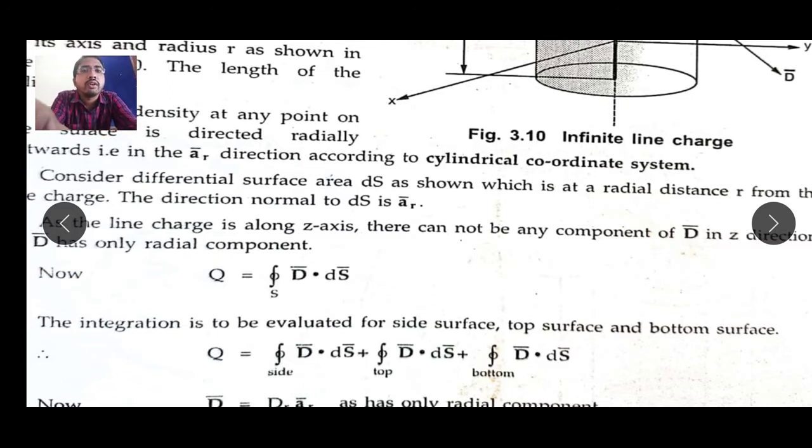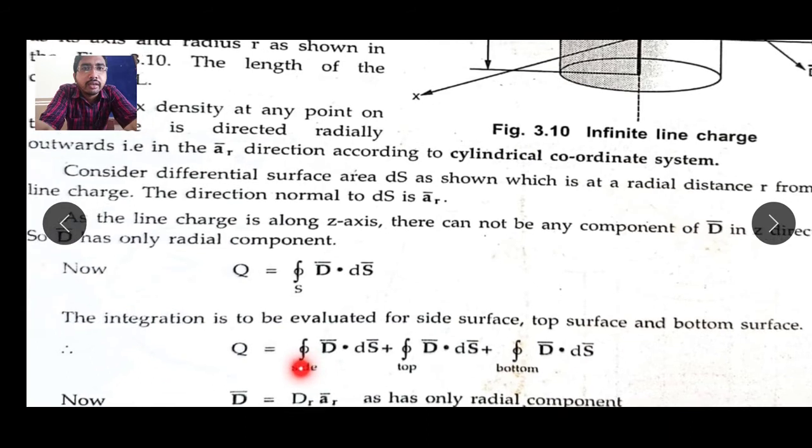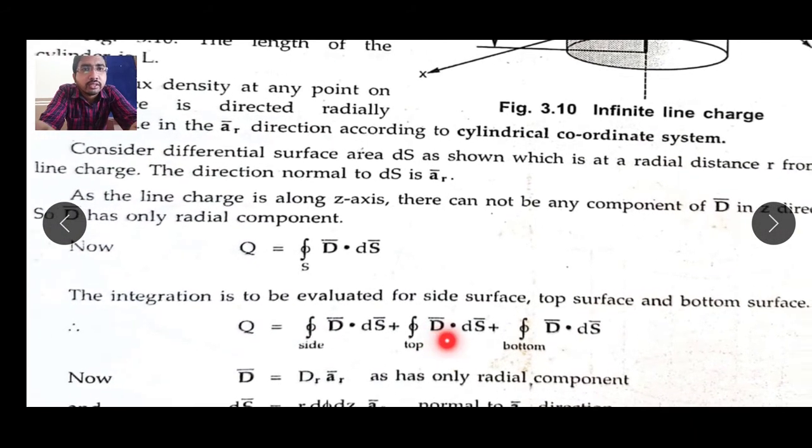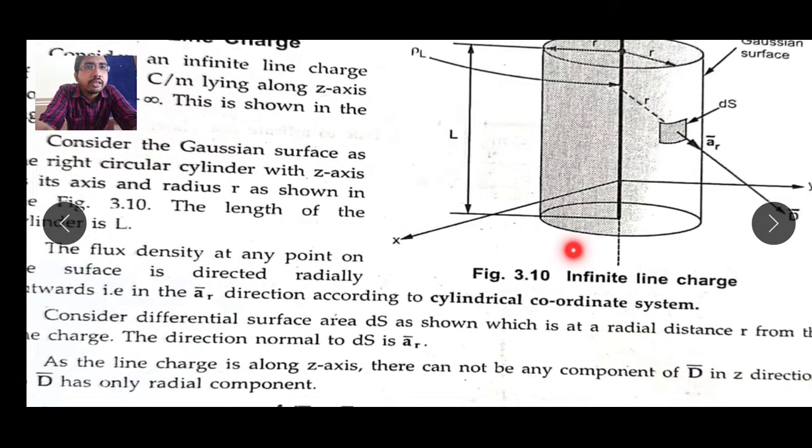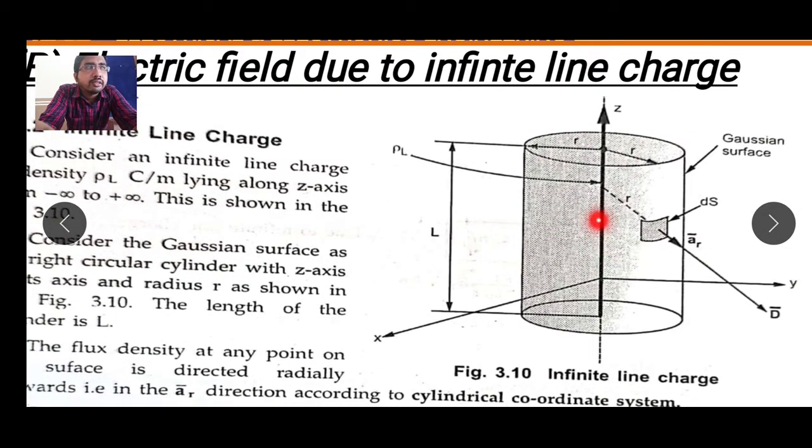So what is the basic formula for Gauss law? The basic formula for Gauss law is q is equal to integral D bar dot ds bar. So this integration is to be done on the sides as well as the top of the cylinder as well as the bottom of the cylinder. But see, your infinite line charge is placed along the z axis.